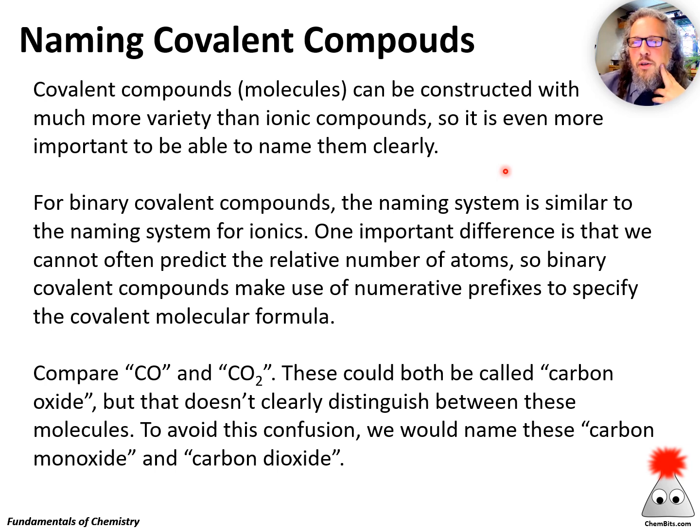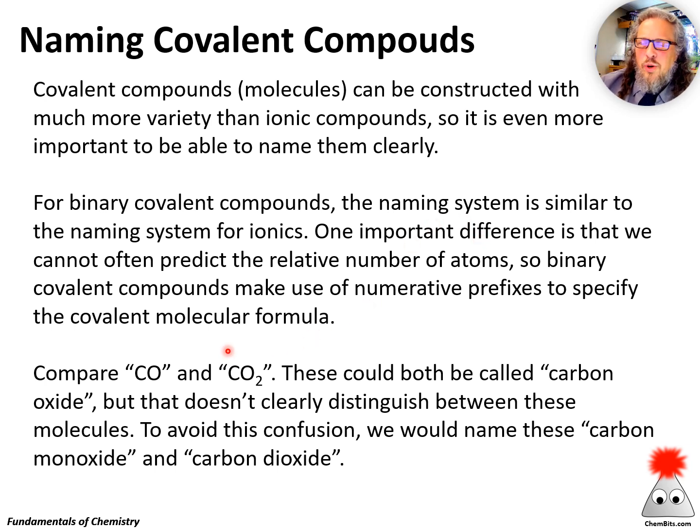If we're talking about a binary covalent compound, a covalent compound that just has two types of atoms in it, we name them similarly to how we name ionics. One of the big differences, though, is that with ionics, we could use charge to predict relative numbers of different types of atoms. In covalent compounds, we don't have charge to work with.